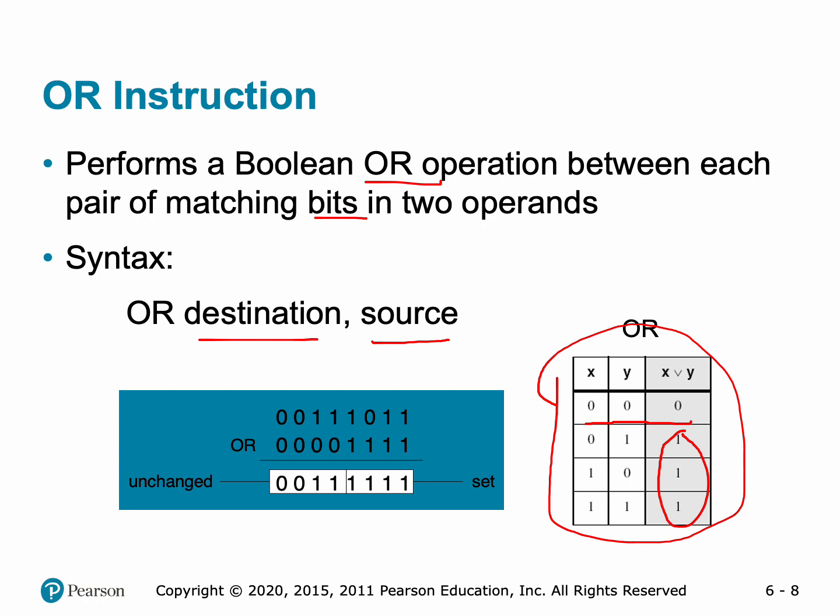By the way, the operands are the same as the move type operands. So in your destination, with the move, remember you could have a register or memory, and then the source could be a register, a memory, or a constant.